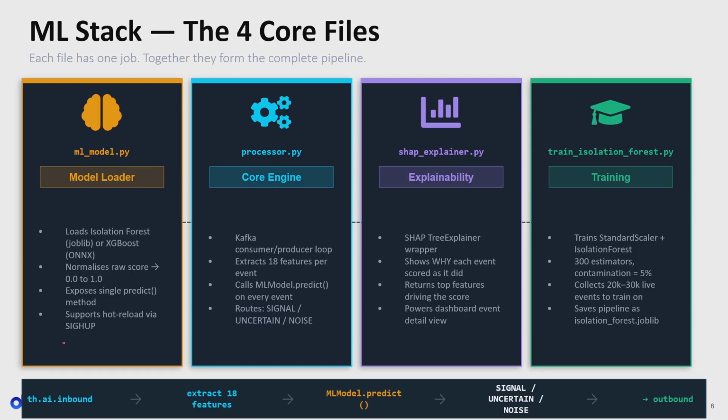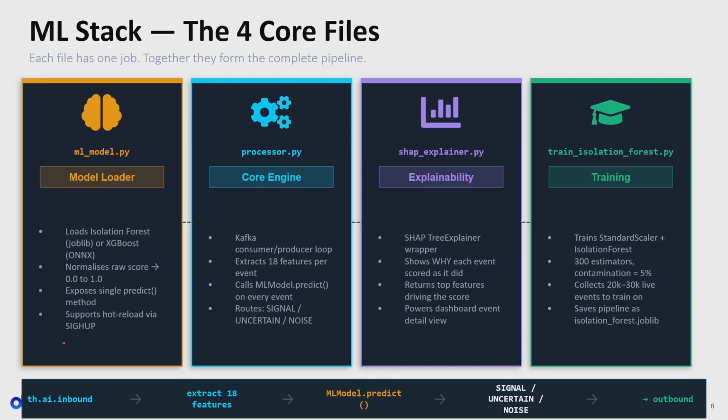Okay, the four core files of the ML stack. There are four core files, and if you look at the bottom, you will also see the logic. Once an event comes from the transformation hub topic called THAI inbound, what is happening?